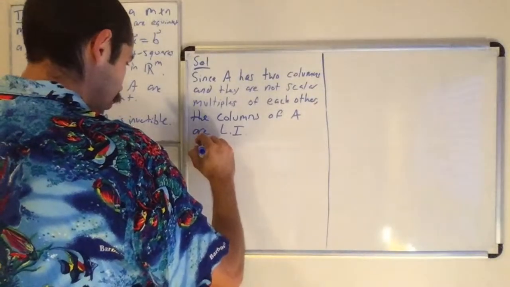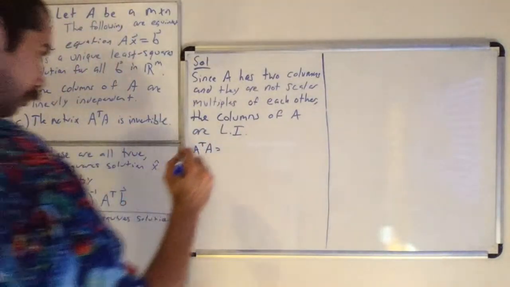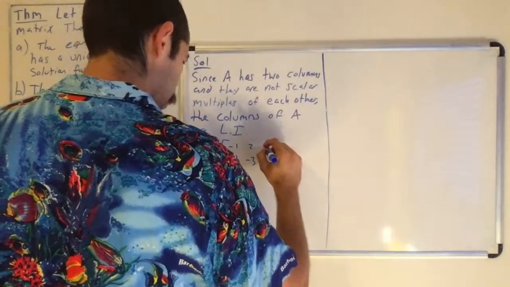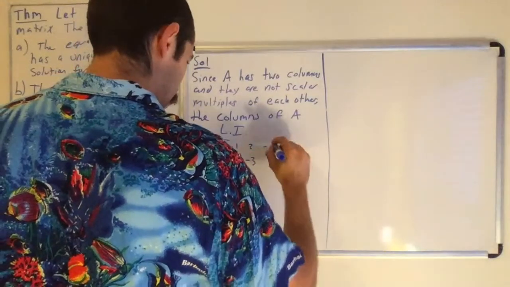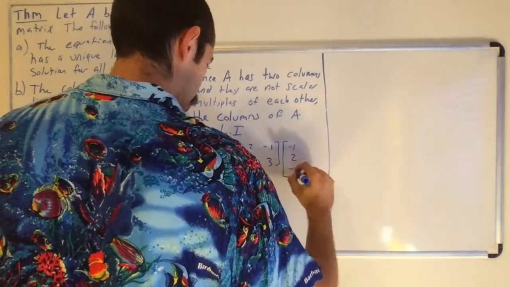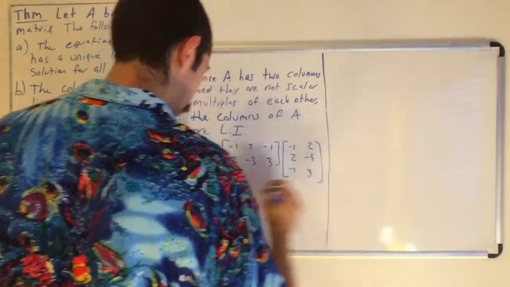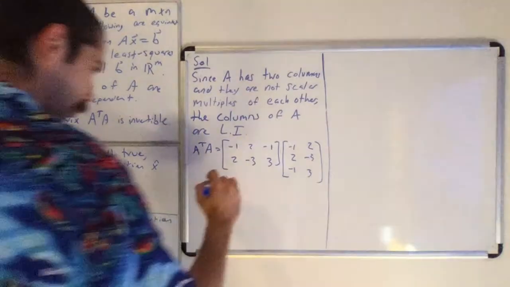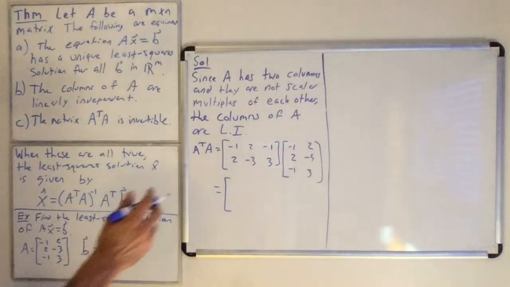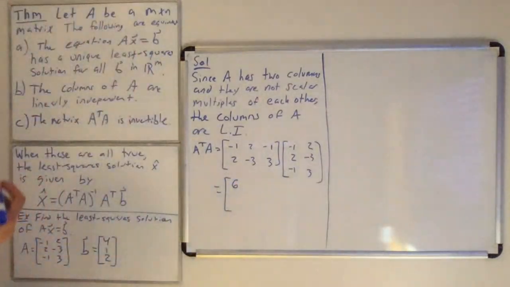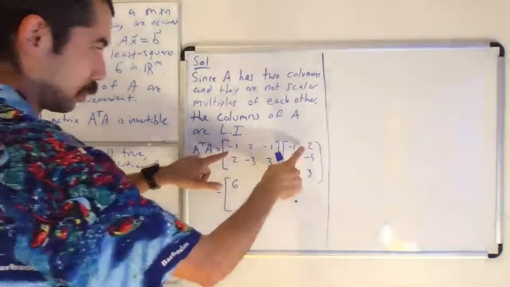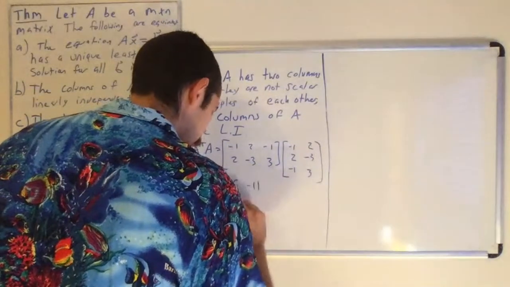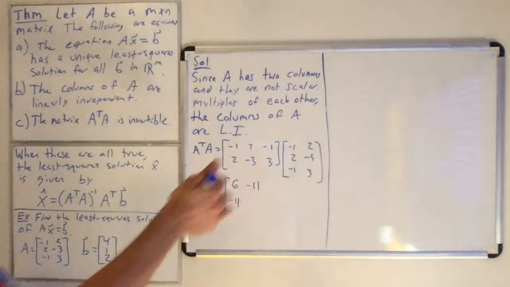So A transpose A is this product, which we could work out to be 6, minus 11, minus 11, and 22. That is 6 minus 2 minus 6 minus 3 is minus 11, and 4 plus 9 plus 9 is 22.